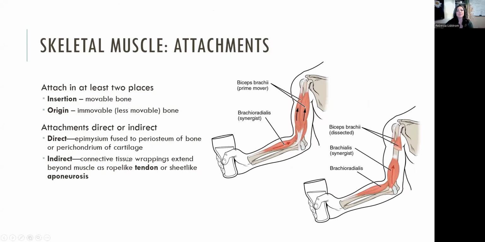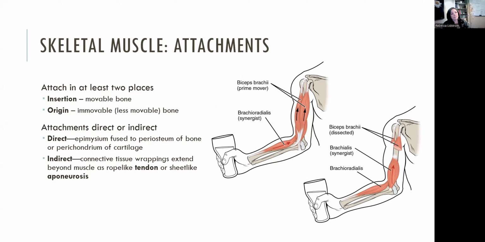As far as skeletal attachments, we've talked previously about insertions and origination points. Origination points typically are going to be at the less movable bone, and the insertion point is going to be the movable bone. The insertion always moves towards the origination point. In most cases, there are fine details where we may co-contract and then the origination point actually ends up moving. But for all intents and purposes, insertion moves towards the origination point. Attachments can be direct or indirect.